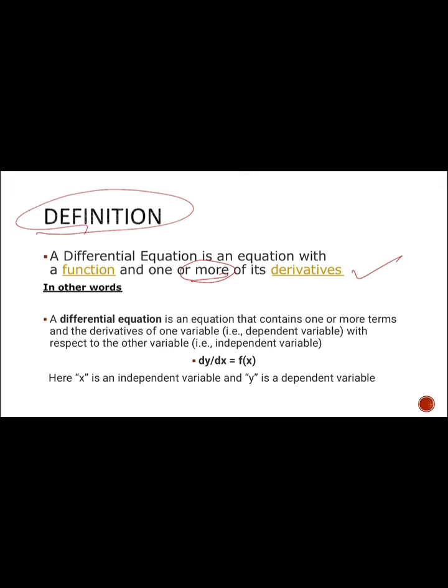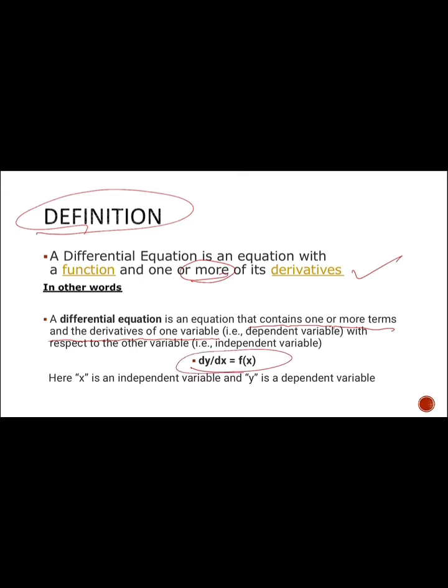In other words, in easier words, a differential equation is an equation that contains one or more terms and the derivatives of one variable. It means you're differentiating with respect to one particular variable. That is the dependent variable. You're talking about the dependent variable with respect to the other variable, the independent variable.